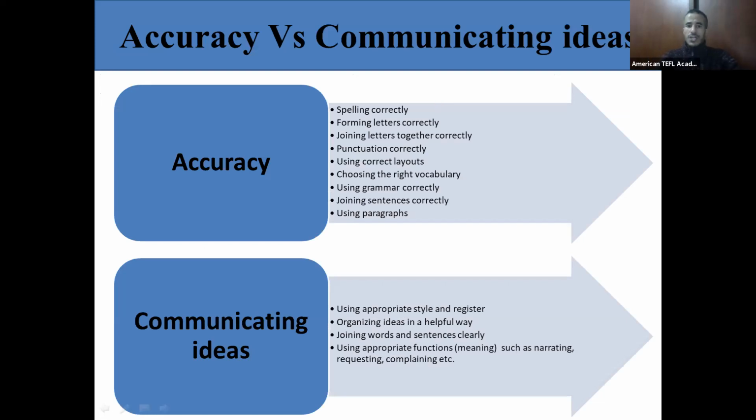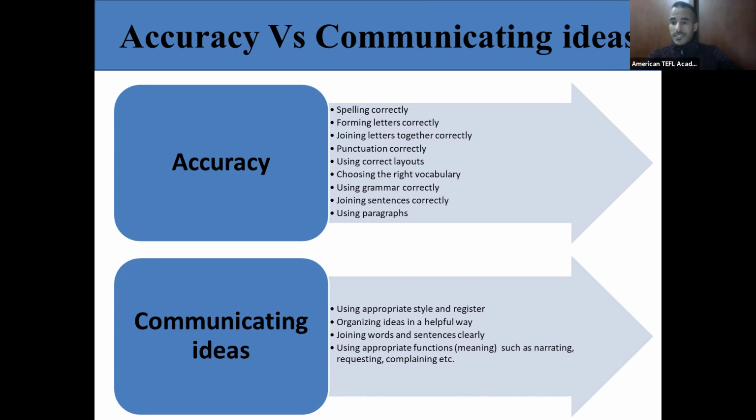Now, accuracy versus communication ideas. Remember speaking, fluency, and accuracy. We said fluency: keep moving, keep going, just speak. Don't care about problems. It's about the fluency. It's about ideas and talk and the flow and the speed.